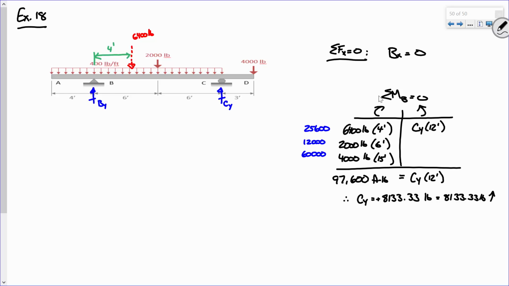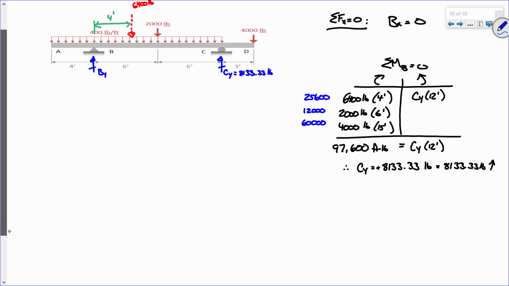If we guessed downward, we would have gotten the same number, but we'd have gotten a negative answer. Make sense? Okay. What's left? Actually, let me do BY. So this is 8133.33. And how do we solve for that? There we go.